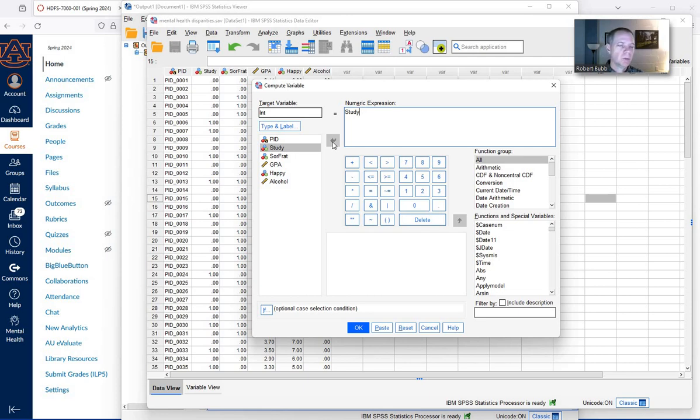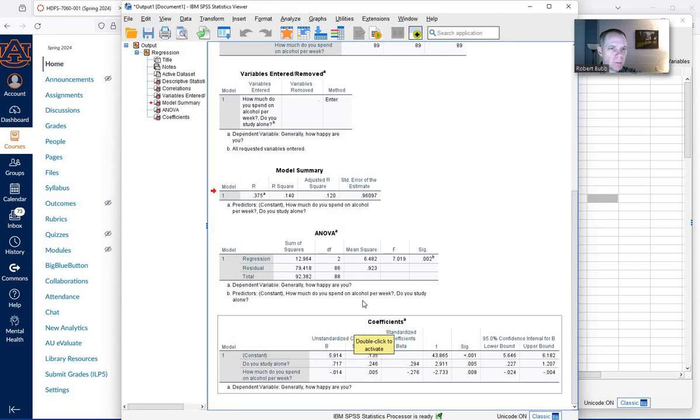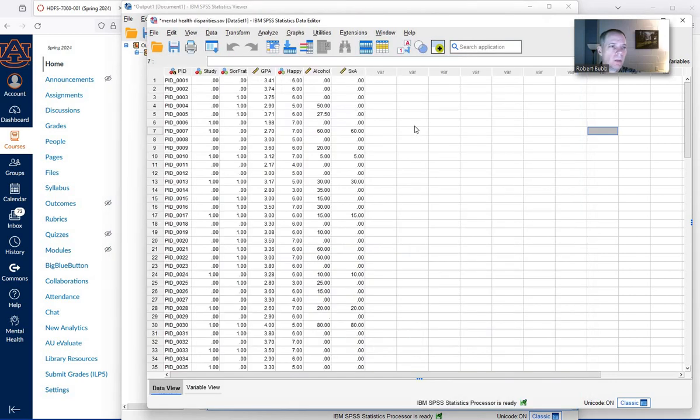And again, the multiply symbol is the asterisk. Multiply it by our alcohol variable. All right, I'll do S by A, right? Study by alcohol. And that X are just telling us all we're doing is multiplying these two predictors together. We'll click OK, and we should get our new interaction variable.